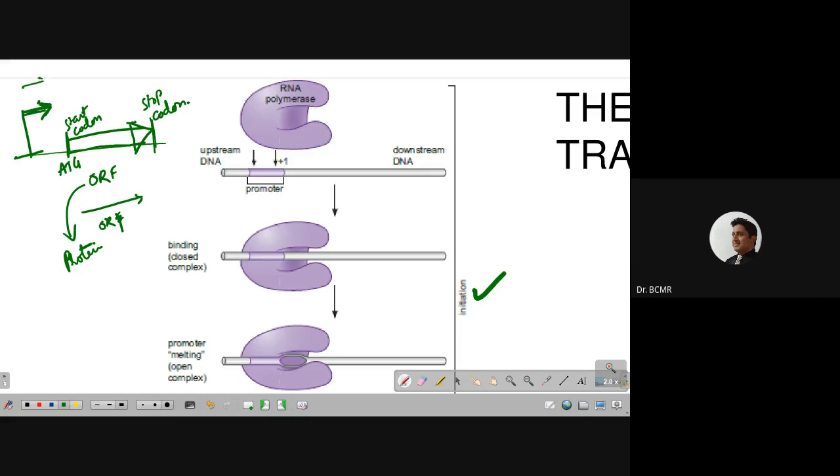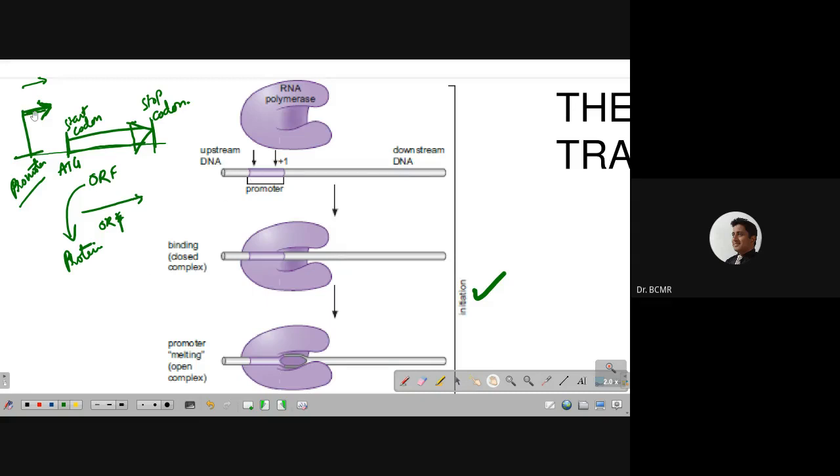This is the direction of transcription, and that is where it is going to start. So that is representing the promoter. The promoter is usually represented like this. Anyway, you need to understand why the arrowheads are like this and so on, so you'll be able to find out easily.